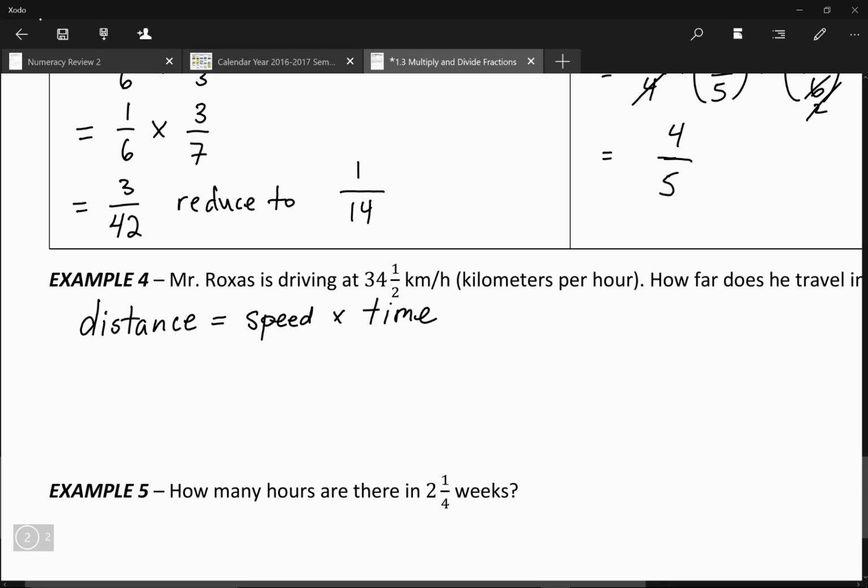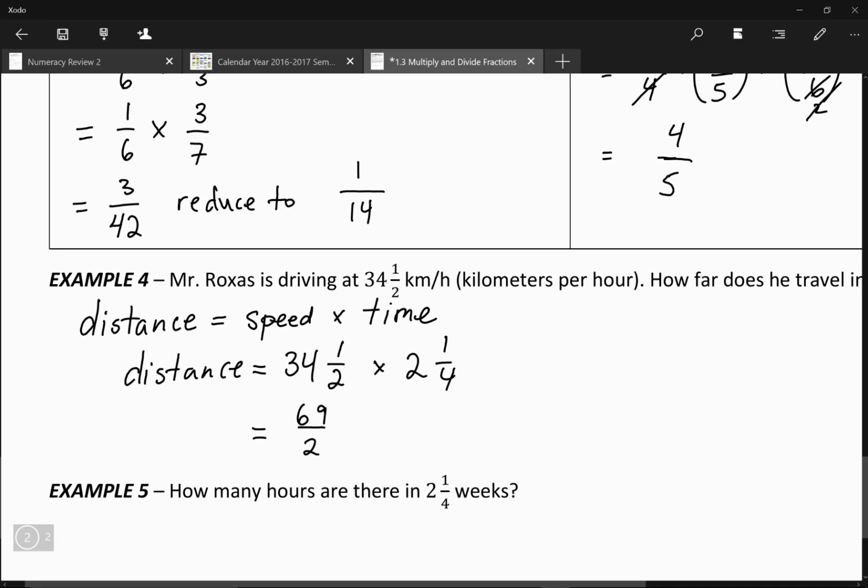So if I have 34.5 kilometers per hour, and I multiply that by 2.25 hours, I will get my distance. So you can say here the distance is equal to that. Okay, and convert to improper fractions. So 34 times 2 is 68, plus 1 on the top is 69.